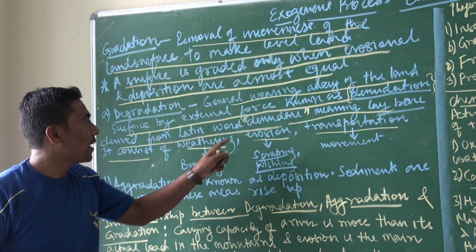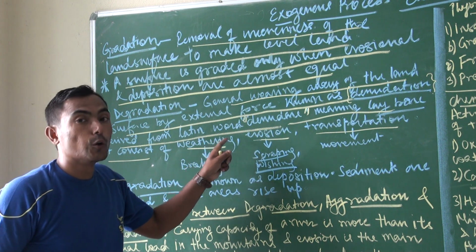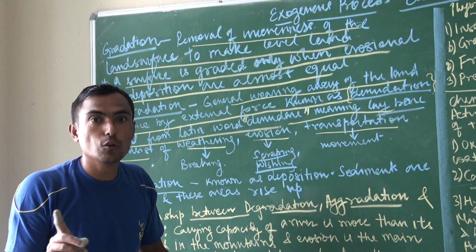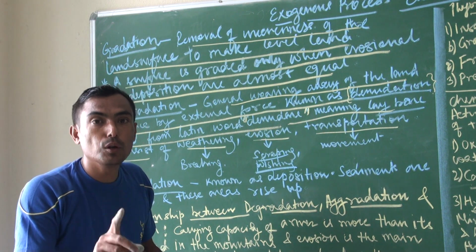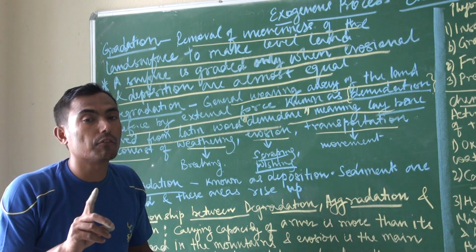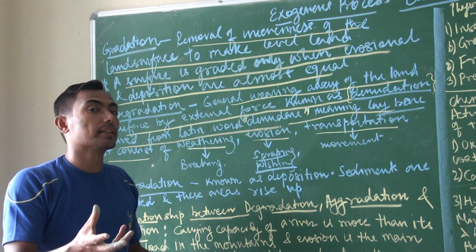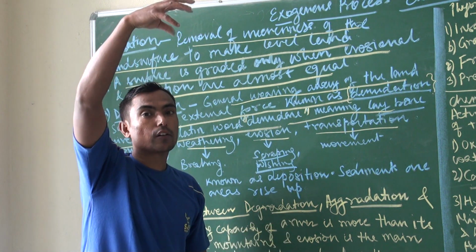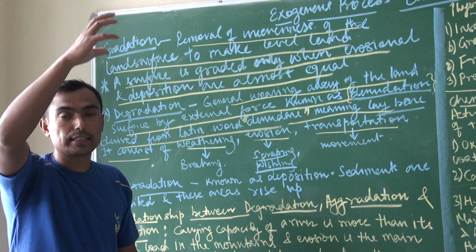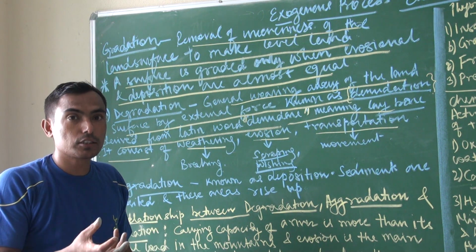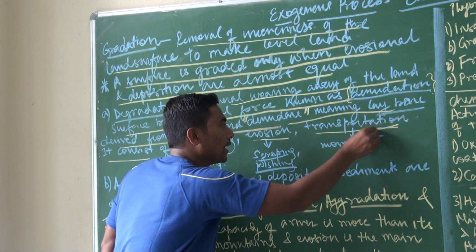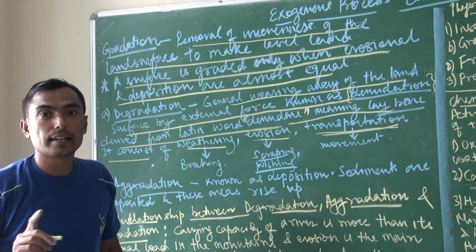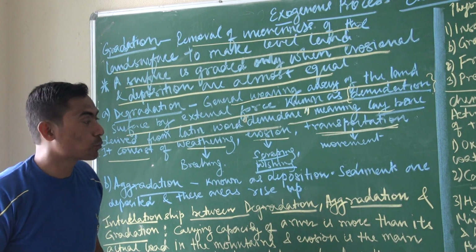In erosion and weathering, there is no movement of those sediments except the pull by the gravity of the earth. So, for example, let's say a big boulder is lying on a cliff. If it falls down because of gravity, that cannot be considered as transportation.